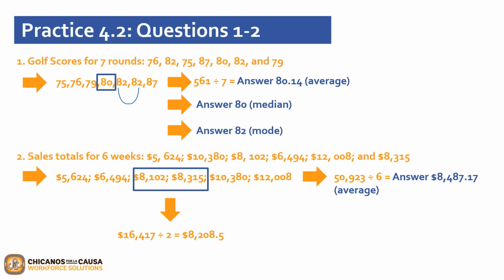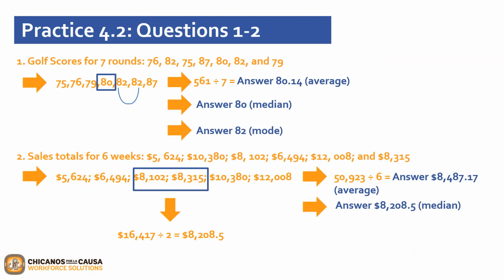We're then going to divide it by 2, since we're only looking at those 2 sets of data. This gives us a median of $8,208.50. Therefore, that's our median.